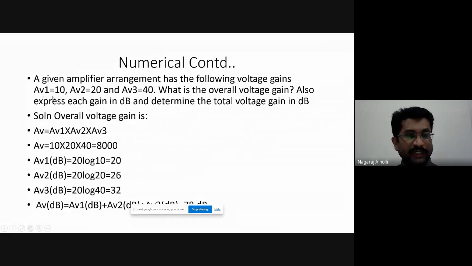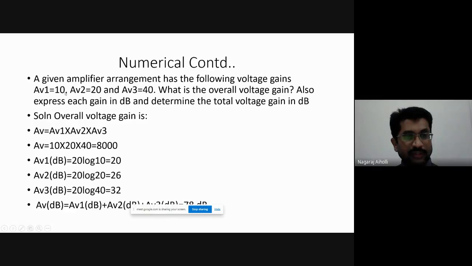Now, AV1 is 10. Remember, the formula to find the gain value in dB is 20 log the given gain value with the base 10. That gives the gain value in decibels.